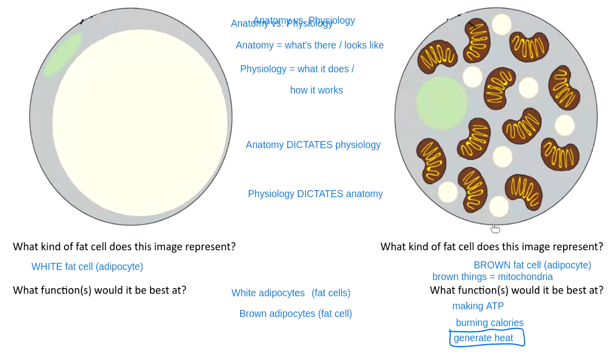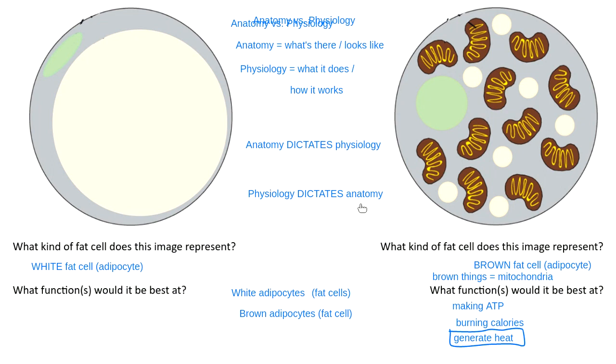So let's put this into the terms of where we started here. Anatomy dictates physiology. What's there tells me what it's going to do. When I look at a brown fat cell, I can see that what's there is a bunch of mitochondria. That tells me that this cell is going to burn calories. It's going to break stuff down. But I can also do the opposite. Physiology, what this cell does, can tell me what's there, or how what's there is working.